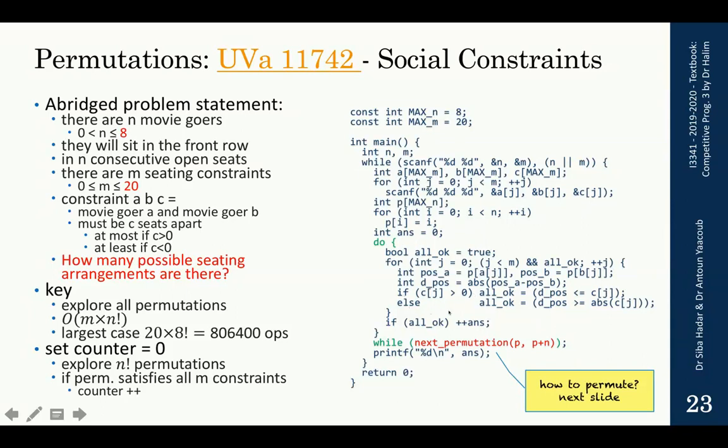If C is positive, you see if the difference is less than C, and if it's negative, you see if it is greater than C, and if all is okay, you increment the answer. But what is next permutation? How to permute? I will explain how to permute in the next slide for Java, because for C it is included in the library.